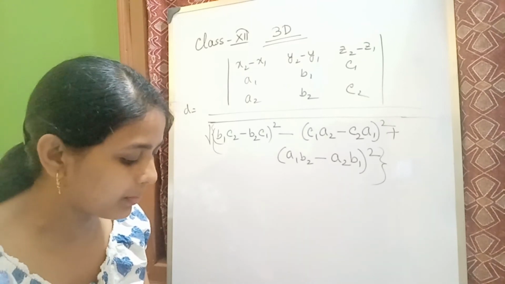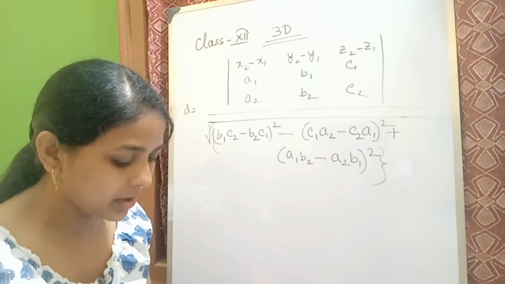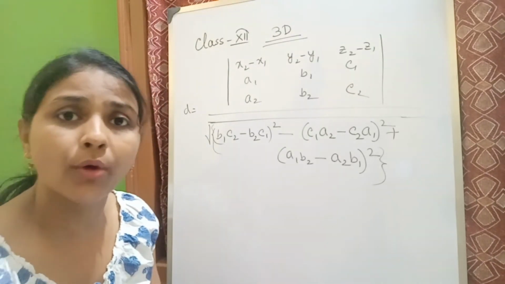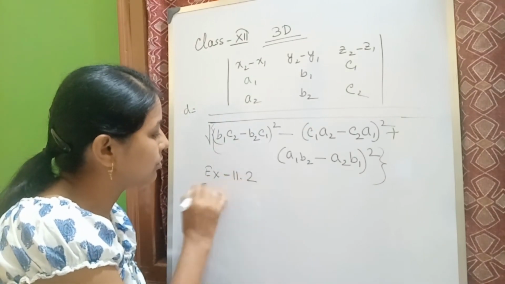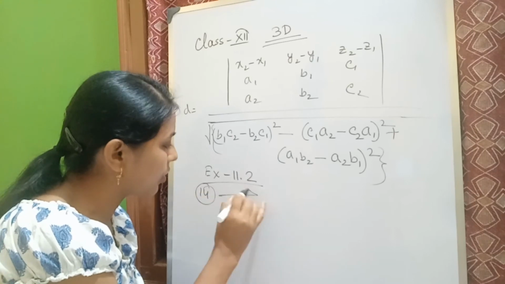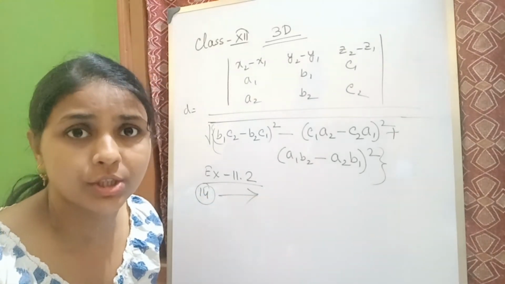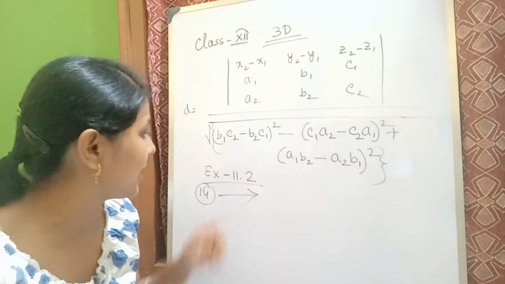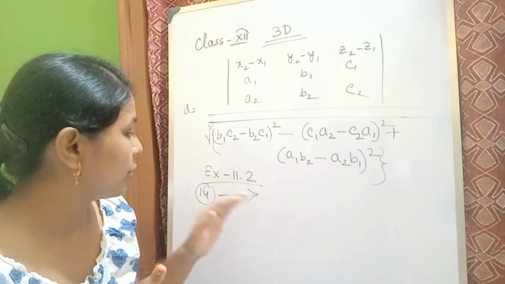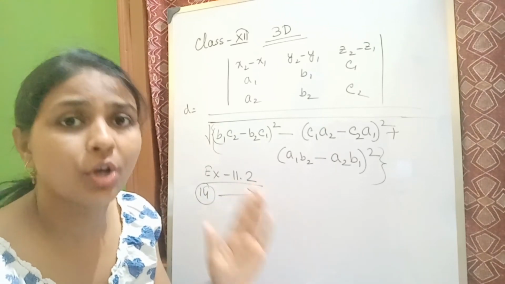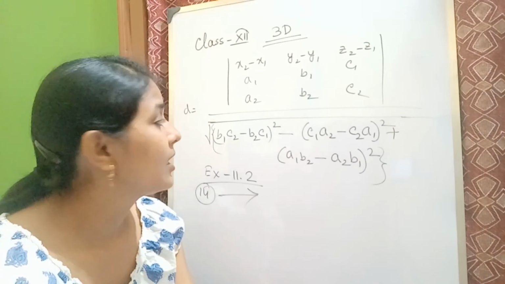In exercise 11.2, question number 14 onwards, the questions are of shortest distance: 14, 15, 16, 17. There are 4 questions in your NCERT book of exercise 11.2 on the shortest distance of two skew lines.